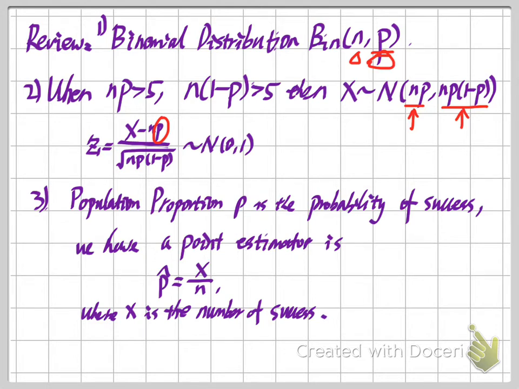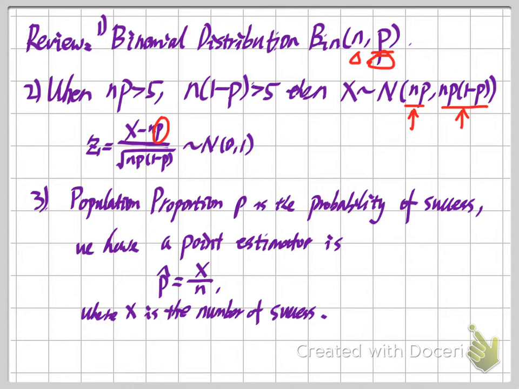we use this estimator as x divided by n. Here x is the number of successes we get in these n Bernoulli trials. So this is the estimator of this proportion p. We also mentioned in our first videos that for different population parameters we have several different point estimators that are not unique.